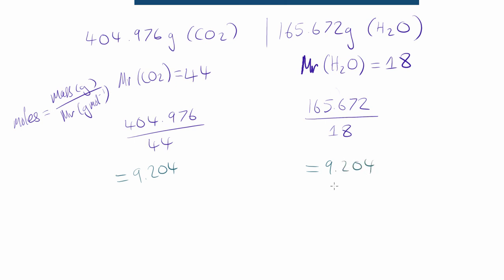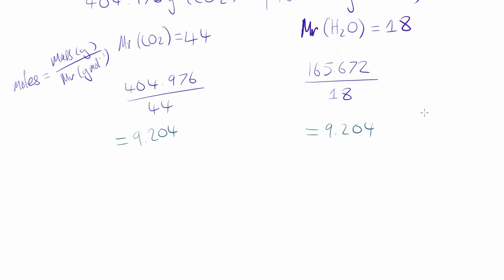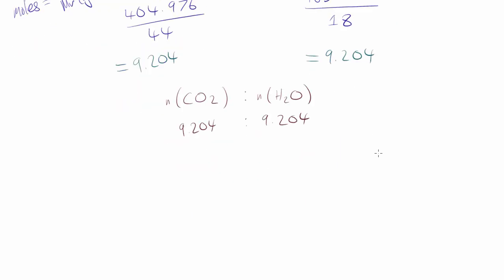Now, this, to be clear, is a ratio between CO2 and H₂O, so I'm going to make that clear. I'll just put n for moles. So the moles of CO2 compared to the moles of H₂O, the ratio at the moment is 9.204 to 9.204. At the moment, what we have are not whole number ratios.